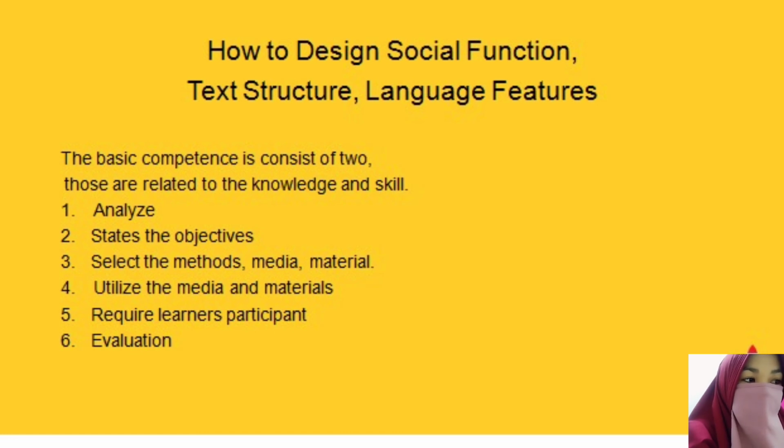Fourth, utilize the media and materials. Fifth, require learner participation by asking the students to participate in reading materials or doing discussion, assessment, or task projects. Sixth, evaluation. It evaluates the student skill through the task and project.